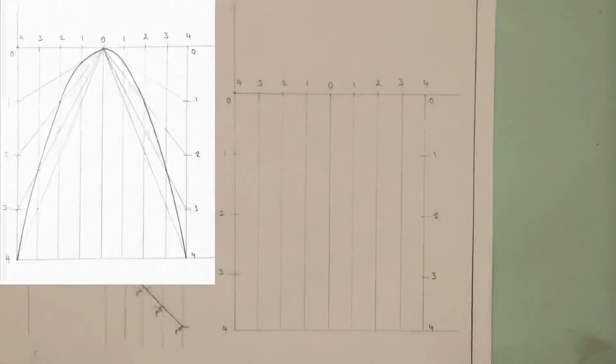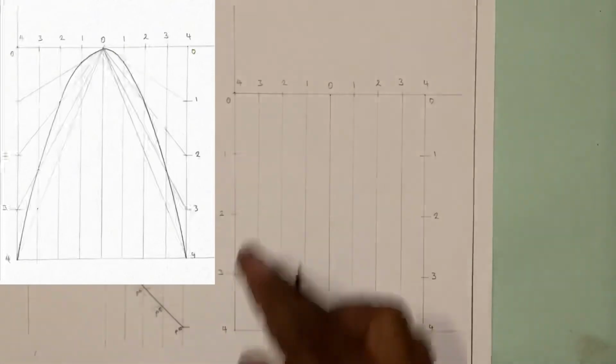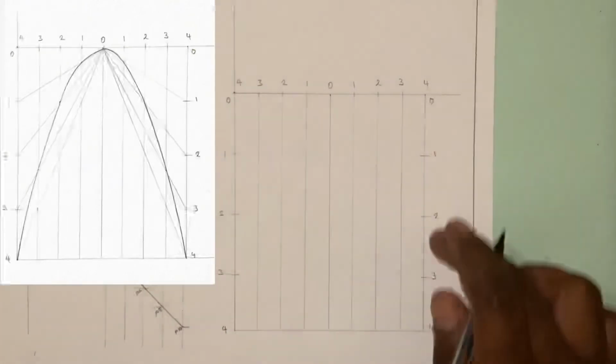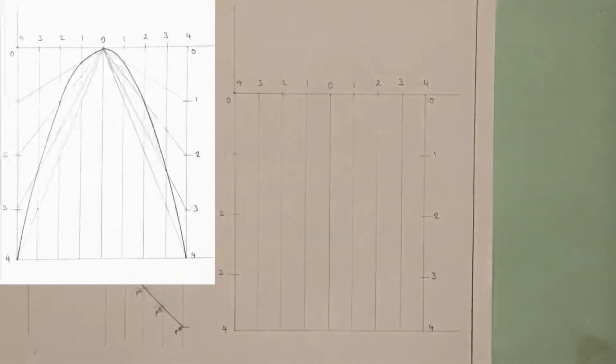All right, great. Next, from the point 0 to each one of these points to the side on my axial length, I'm going to draw a line to connect them.